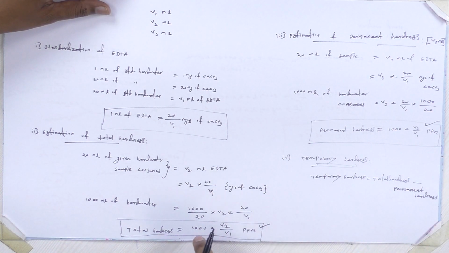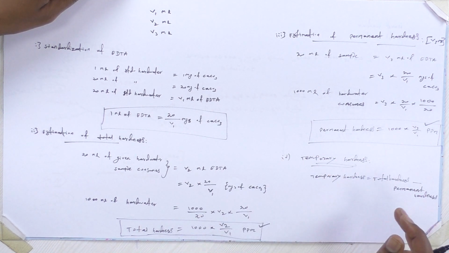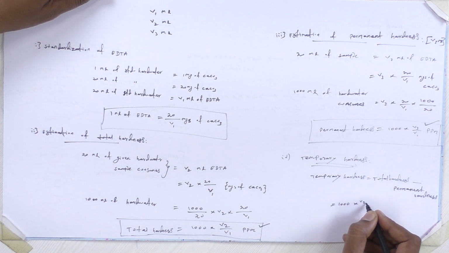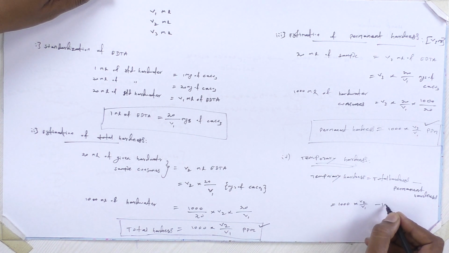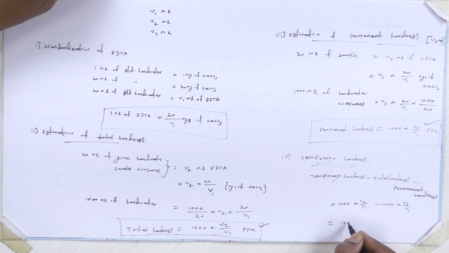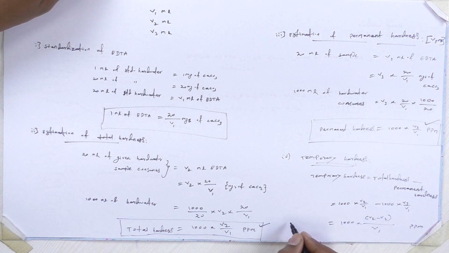You already know total hardness and permanent hardness. Just substitute the values in this equation: 1000 into V2 by V1 minus 1000 into V3 by V1. So temporary hardness is 1000 into V2 minus V3 divided by V1 ppm. By using this formula, we easily calculate the temporary hardness value.